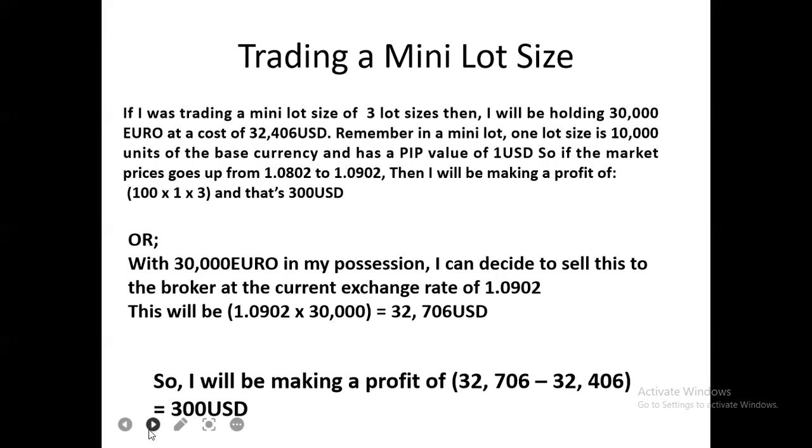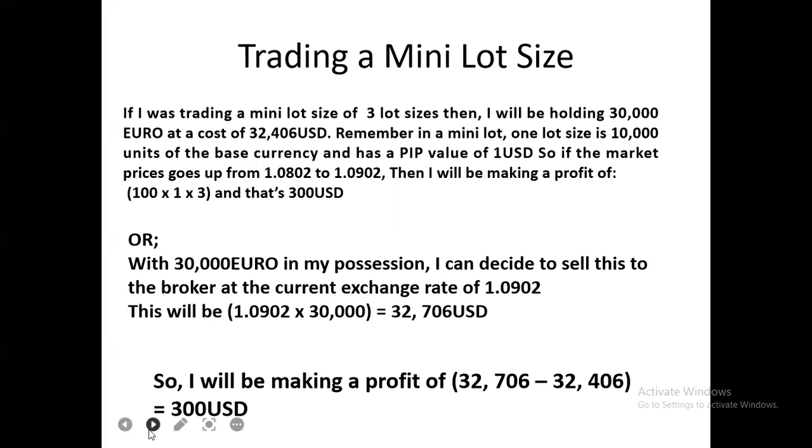What's going on? 100 becomes the number of pips in the column where there was a change. The movement happened on the third column where 8 has increased to 9. So that is equal to 100 pips times 1. Why? Because the value of a pip on the mini lot is $1, times 3. Why 3?